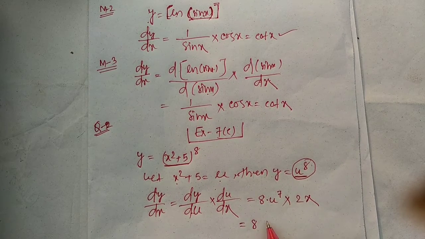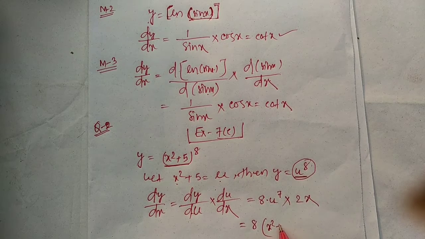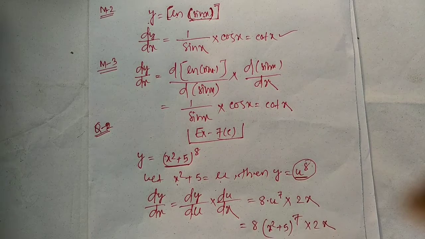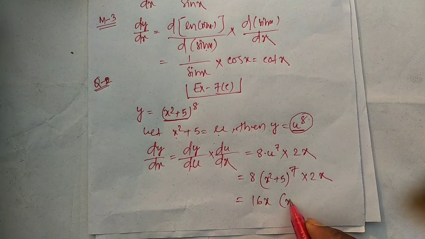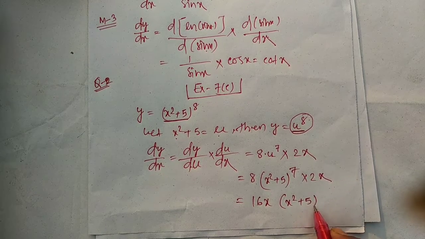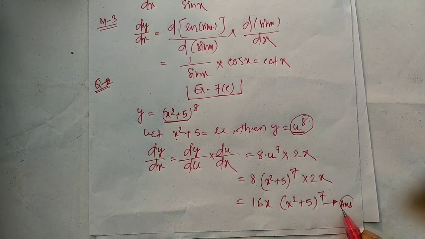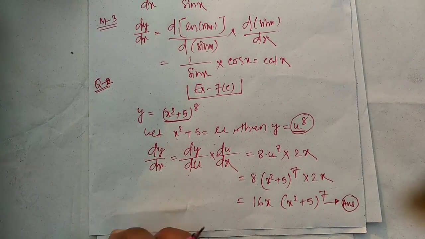Just replace the value of u here: 8 into (x square plus 5) to the power 7 into 2x. So the answer will be 16x into (x square plus 5) to the power 7. This is the final answer. Getting everyone? So let's solve one more problem.